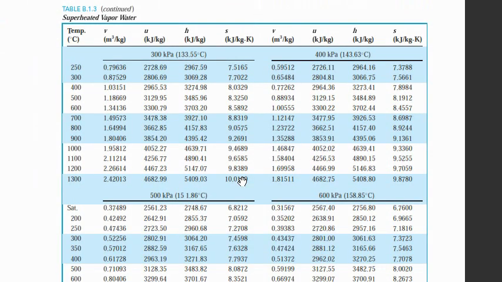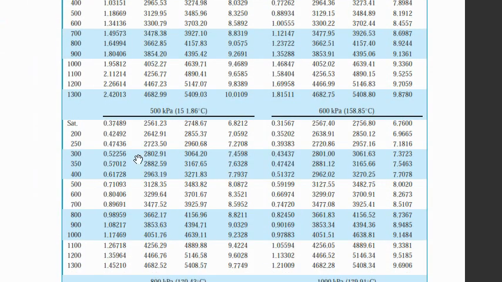If we scroll down, at 500 kilopascal and at 200 degrees Celsius, we have a specific volume of 0.42492, which is slightly lower than our value of 0.5. So now we can interpolate because these two values bound our range.